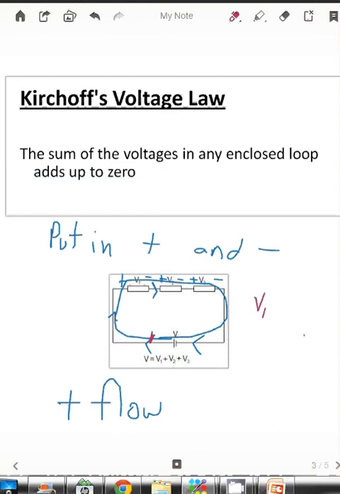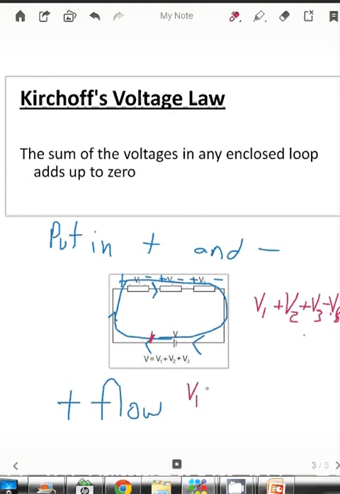Then the next thing I hit is the plus of this one, plus the voltage of 2. And then the plus of 3, so plus the voltage of 3. And then I keep going around and the first thing I hit on the battery is the minus, so it's going to be minus the voltage of the battery. I think I'm coming off the screen, so let me rewrite it again down here.